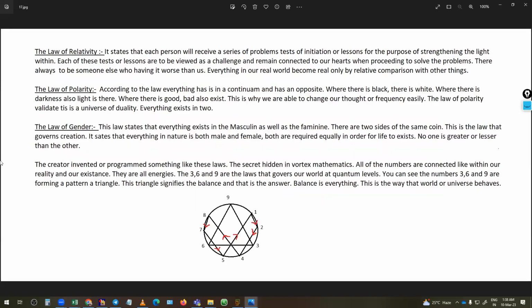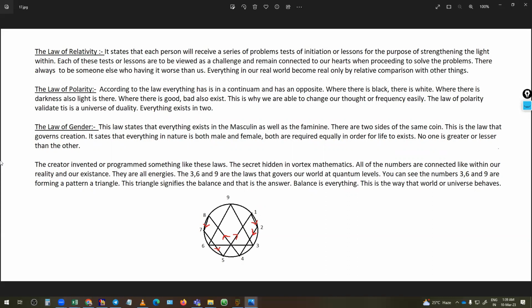The law of relativity. It states that each person will receive a series of problems, tests of initiation, or lessons for the purpose of strengthening the light within.